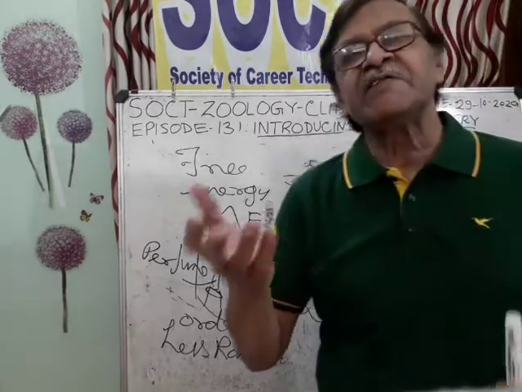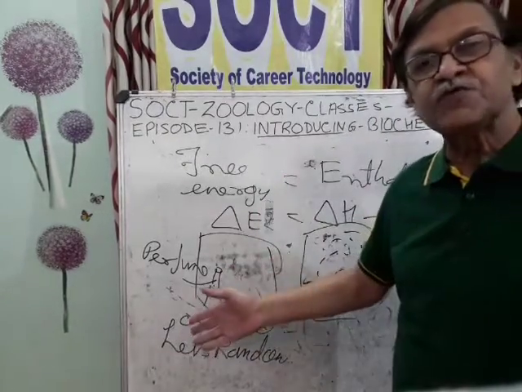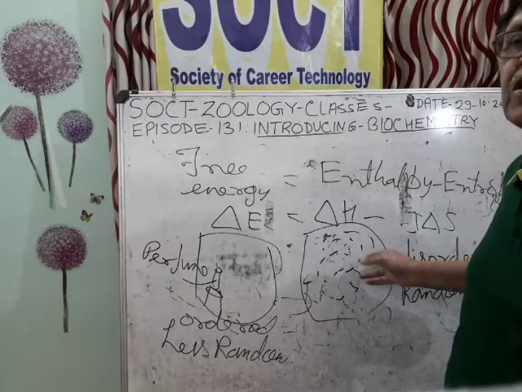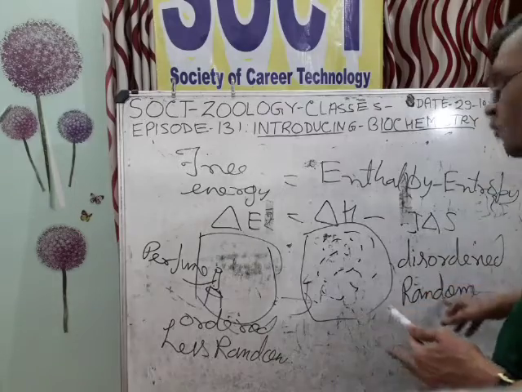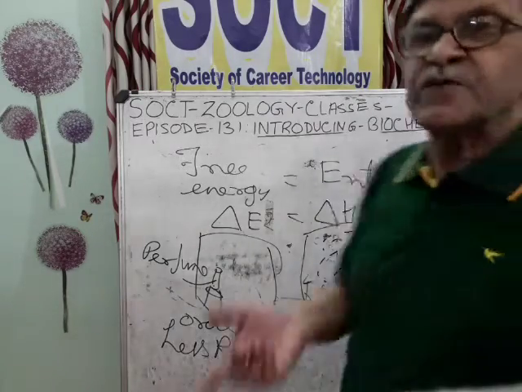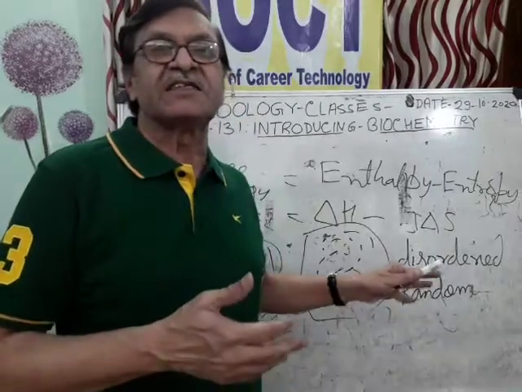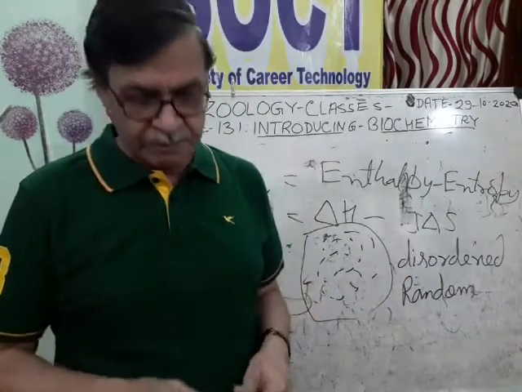Molecules always have a tendency to change from an ordered arrangement into a disordered arrangement, or from a less random structure to a more random one. That's why the measurement of this randomness or disorder of a reaction is called entropy.